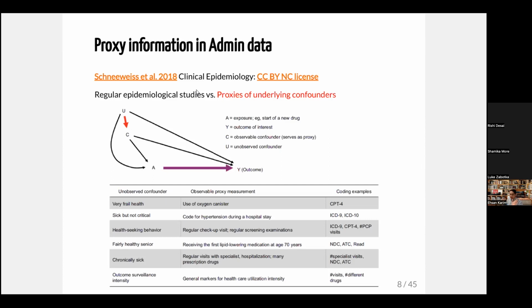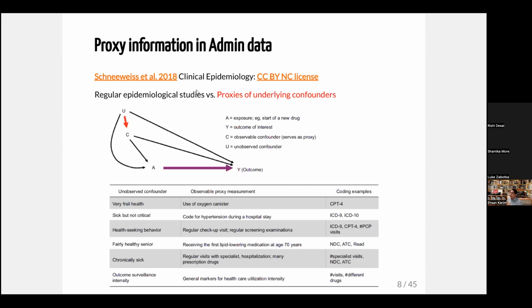But what Schneeweiss proposed in his high dimensional propensity score algorithm is that even though we do not necessarily know how to interpret some of those codes that we have in our data sources, that information might still be useful. So for example, if someone is coming with a code for use of oxygen canister, obviously that person has very frail health.